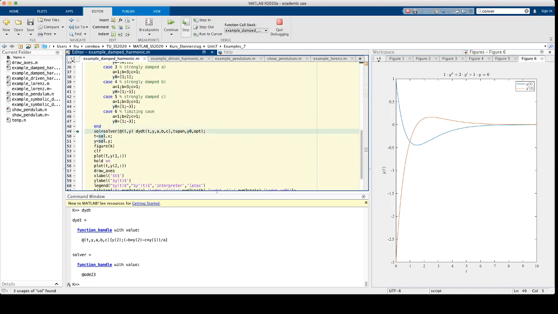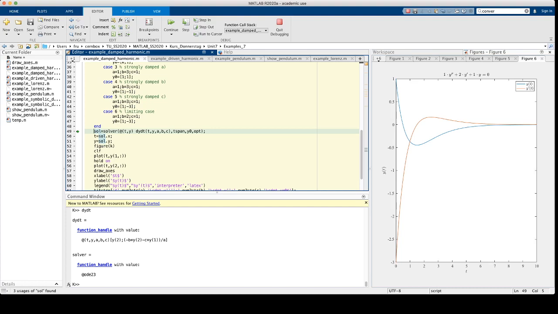And now we call the solver ODE23. Now the first argument of the solver is just the function handle dy dt. But we have to be careful because dy dt depends on 5 arguments, and the solver expects a function handle that depends only on t and y.